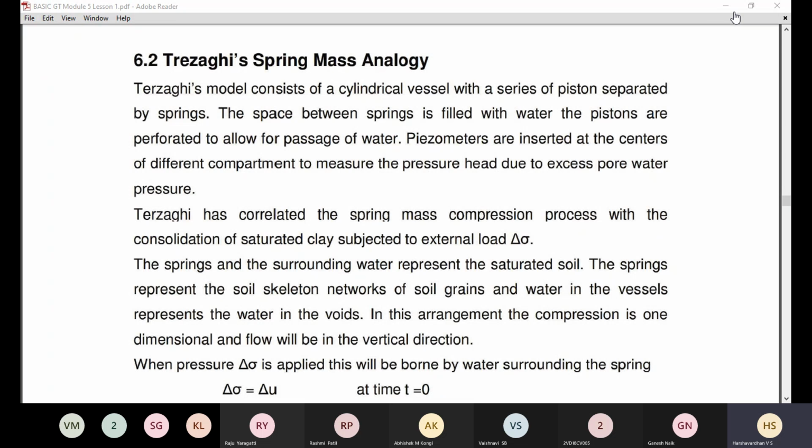When the water is expelled out of the voids, obviously the volume is going to decrease, and because of this decrease in volume, the soil is going to settle.